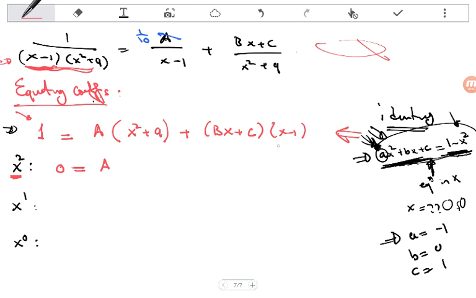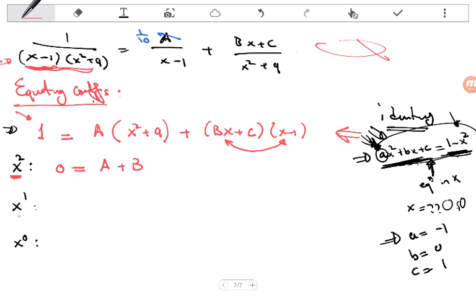Yes, I can find a term which gives x squared by multiplying these two terms with b. So I have here a plus b. So this is the first equation.